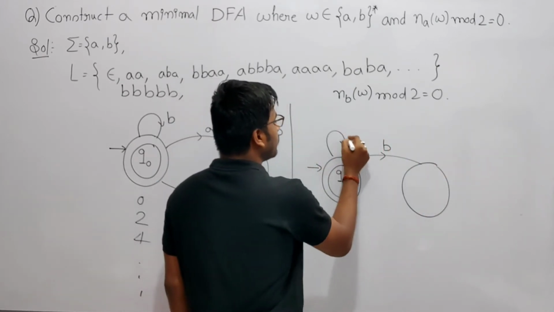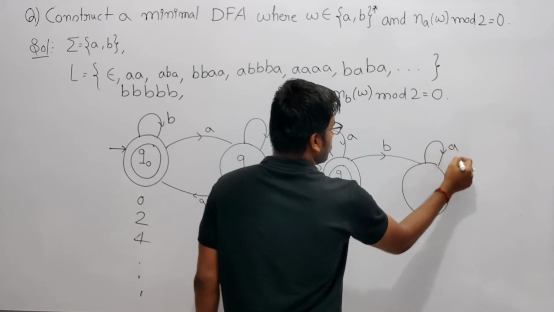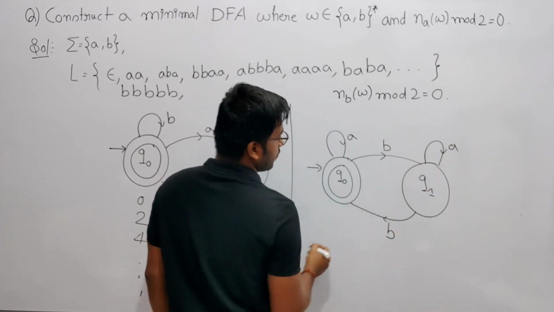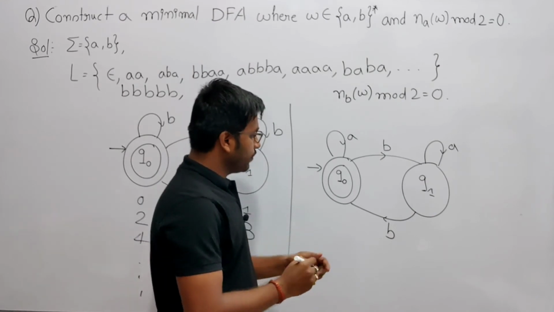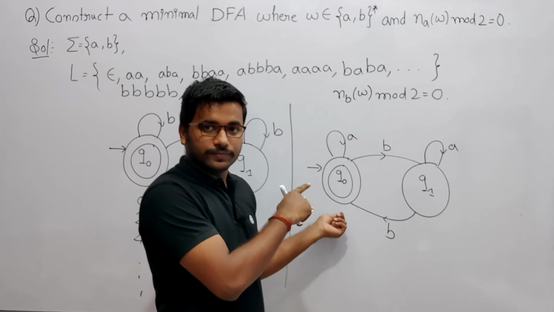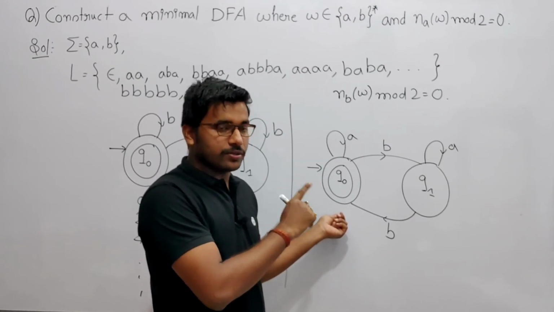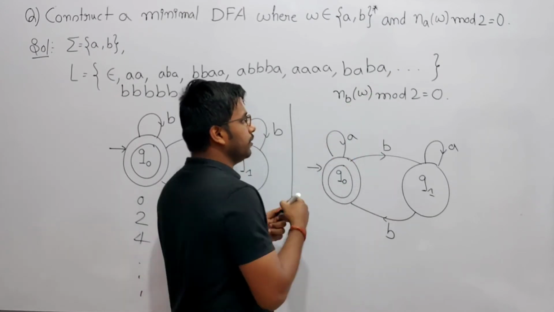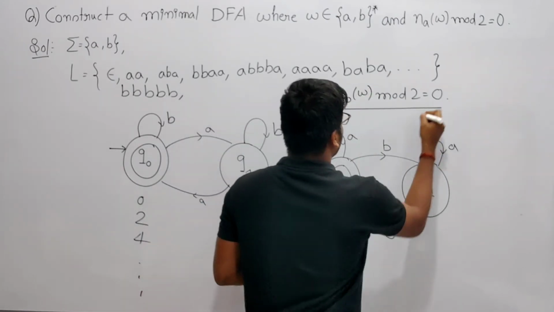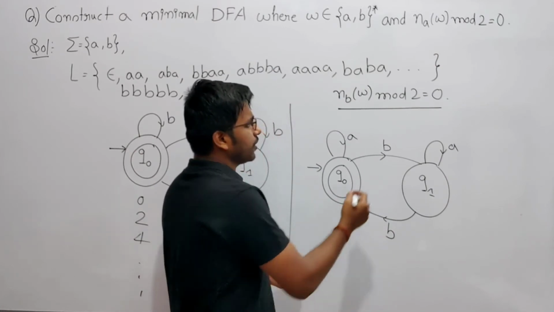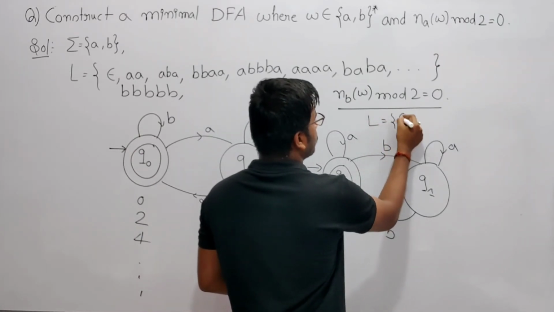So A I will keep in a loop, and in case of B, it will move to the other state. Why am I doing it like this? Because for epsilon, the number of B is 0. Epsilon belongs to this language because in epsilon the number of B is 0. Now with respect to B I am talking.